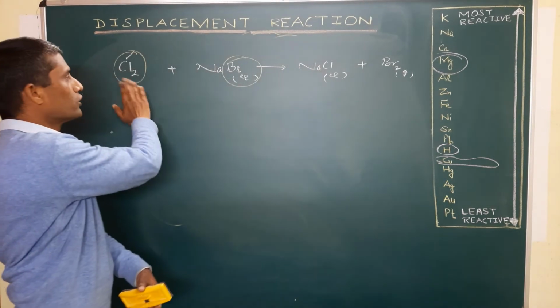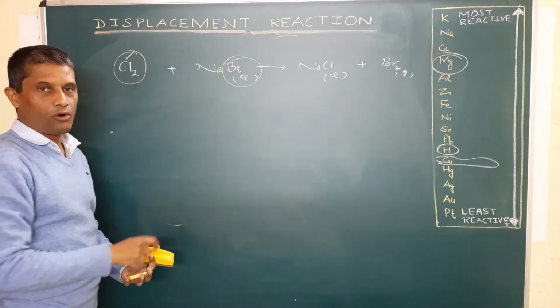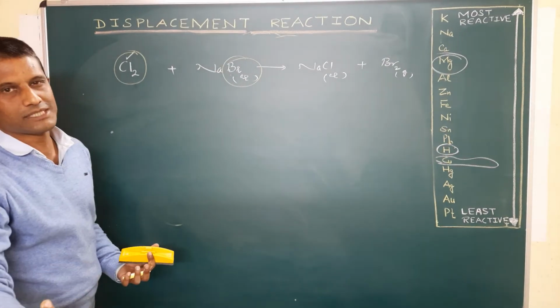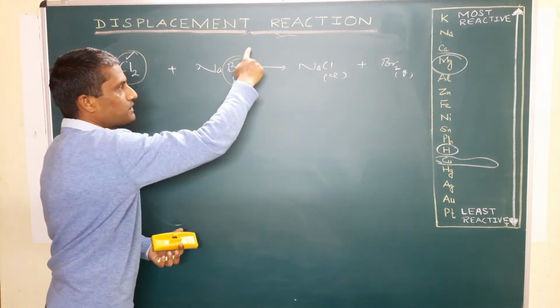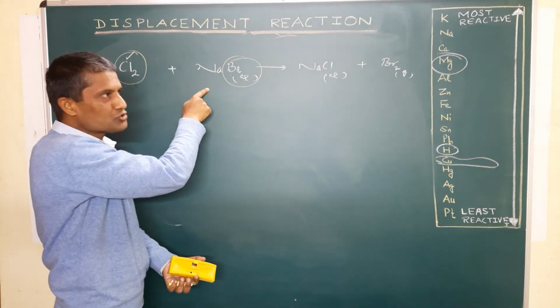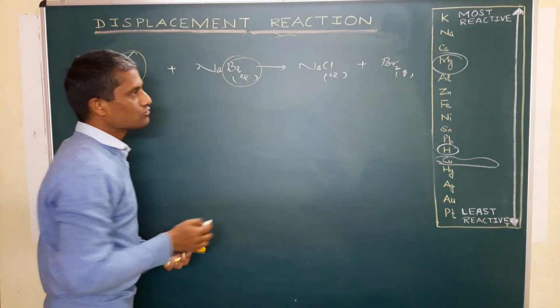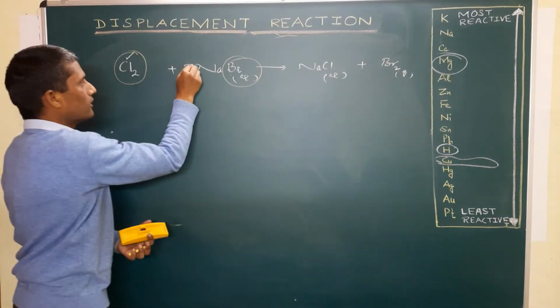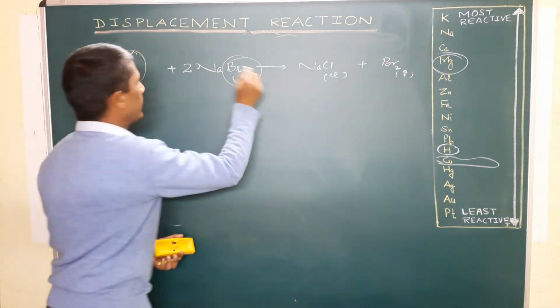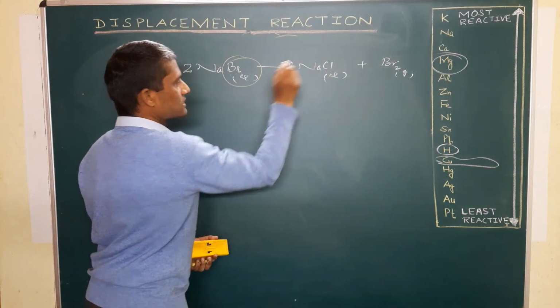That's why the displacement will take place. Chlorine will displace bromine from its salt solution to give you sodium chloride and bromine Br2. And here you multiply by 2. This is the reaction.